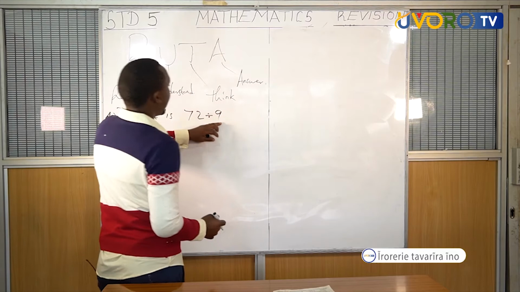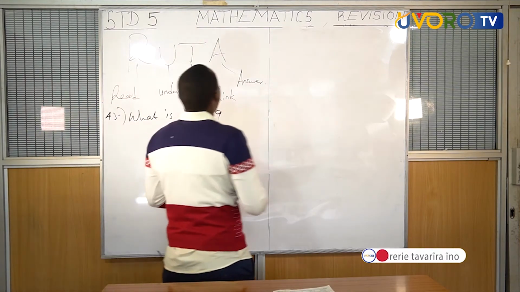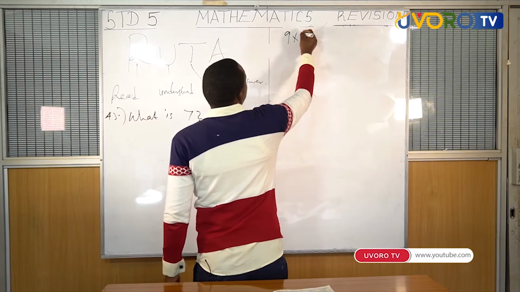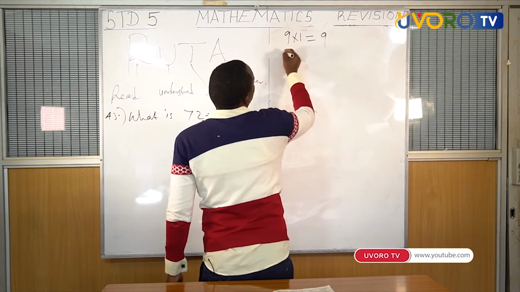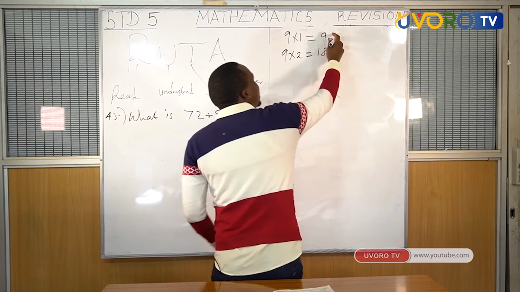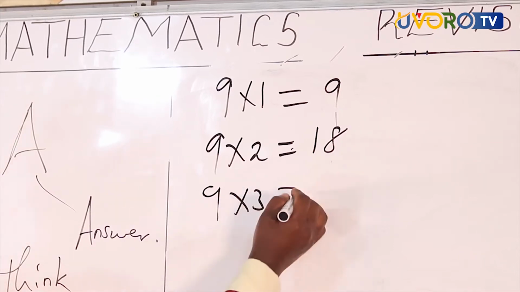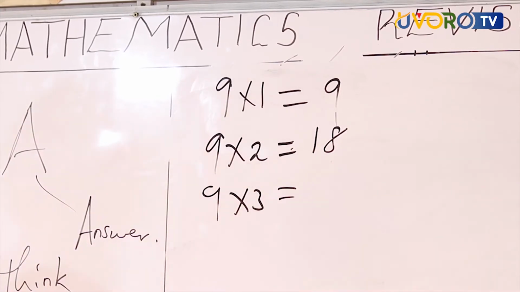Now, let's see the multiplication table of 9. 9 times 1 equals 9. 9 times 2 equals what? 18. We just add another 9. 9 times 3 equals, what is 18 plus 9? 27.